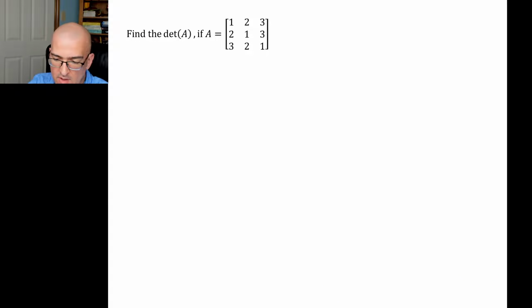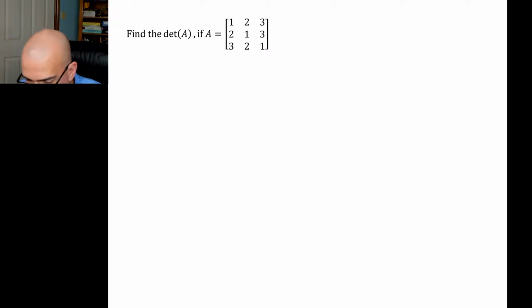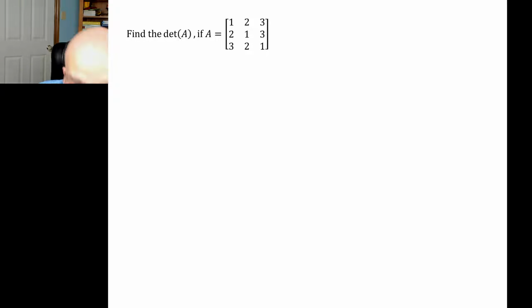Okay. So let's use that strategy to find the determinant of this matrix. So step 1 is to know the formula, the determinant. The determinant of the matrix, determinant of A, is going to be A11 times C11 plus A12 times C12 plus A13 times C13.